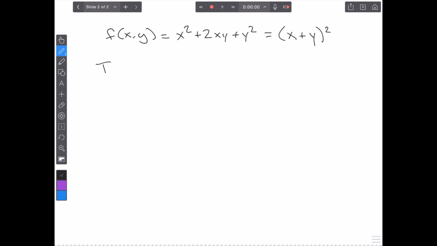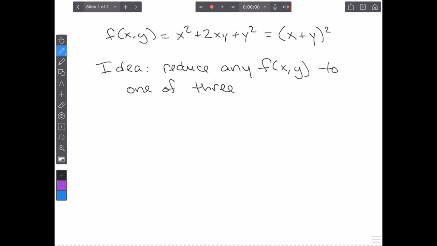And so the idea that we're going to pursue is to reduce any quadratic f to one of three forms.